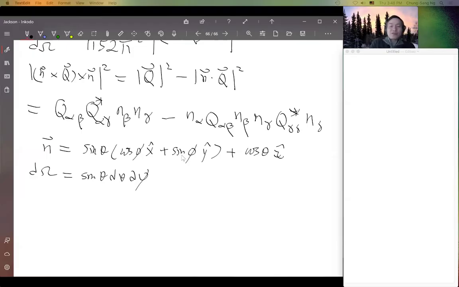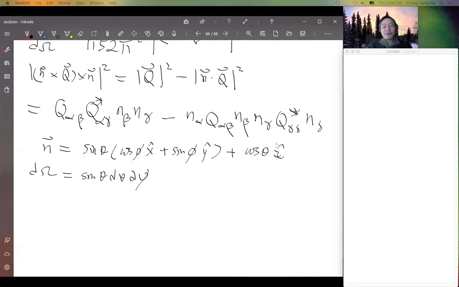And if it's a sinusoidal function integrated over 0 to 2 pi, you get exactly 0 because you get the same up and down. The only thing that will make it non-zero is if it doesn't depend on phi, like the square of the 3 components. You have n3 squared, just cosine squared theta.